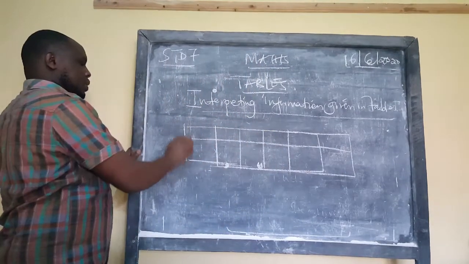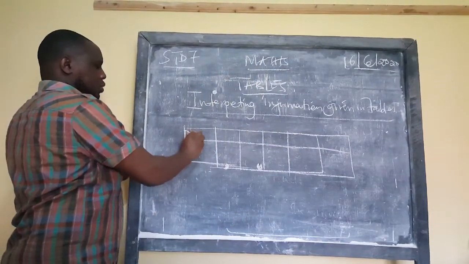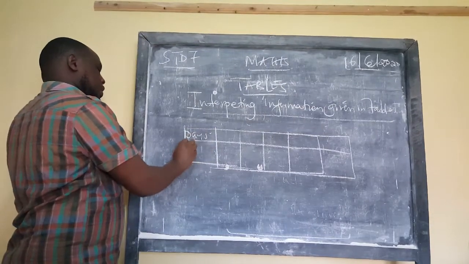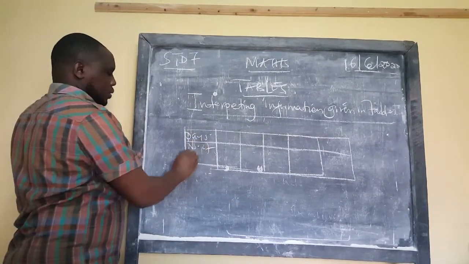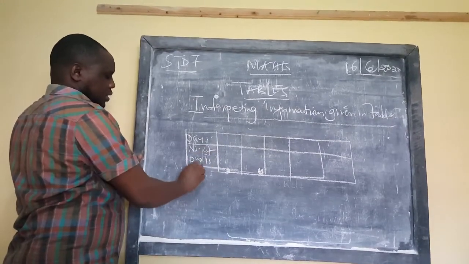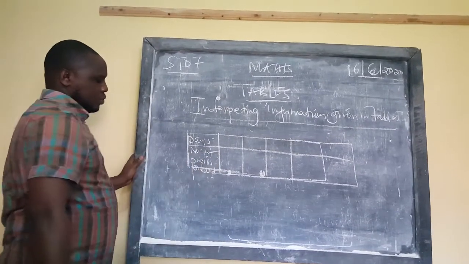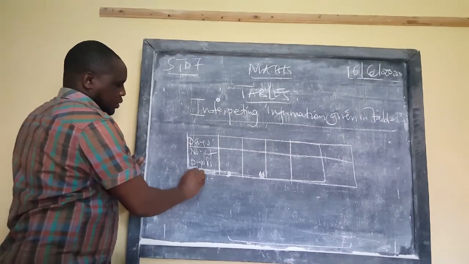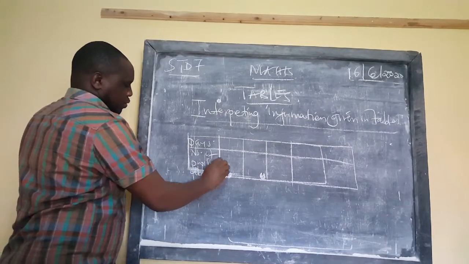These are days of school, days, number of pupils present, so absent, number of pupils absent.